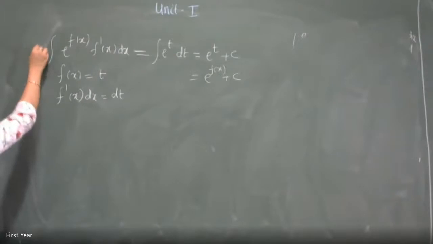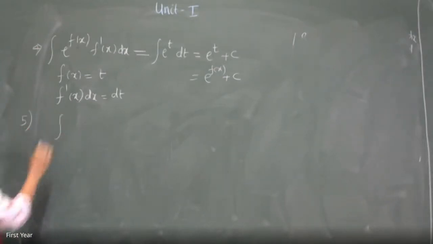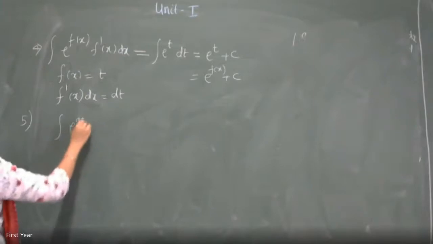And the last one will be there in your electric circuits. That formula is e raised to ax. This we have done last time also.